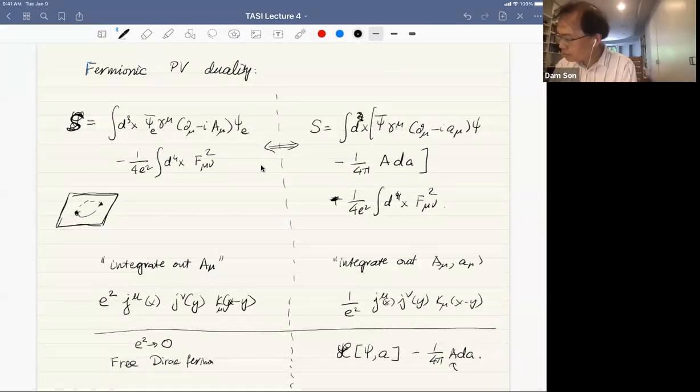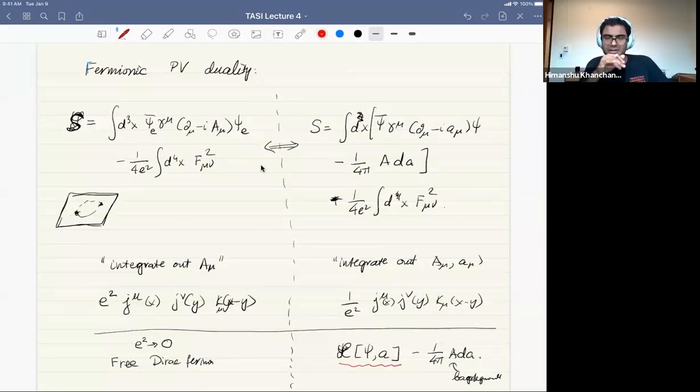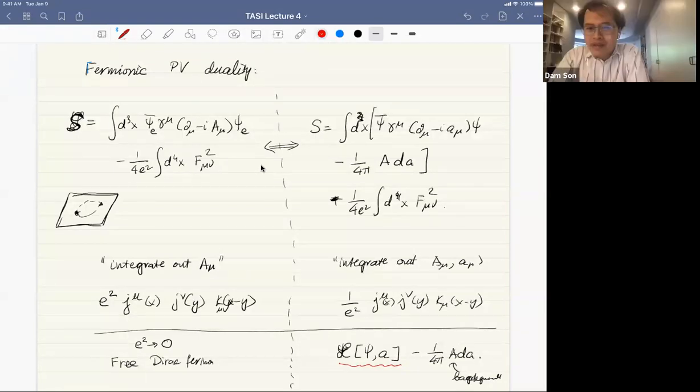This is just a background field, which just tells us how we define the current. All the dynamics of the theory is here. You'd add a dynamical field for little a as well, coupled to the psi. And so the duality here, at the naive level, is a duality between a free Dirac fermion and a Dirac fermion coupled to a gauge field.